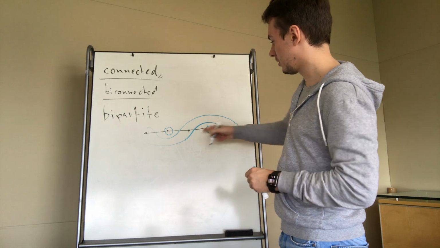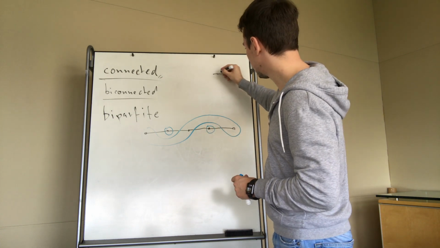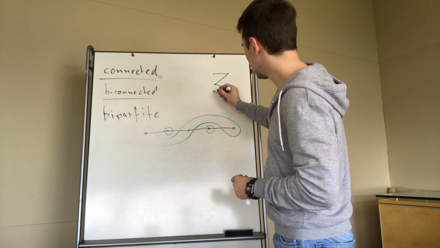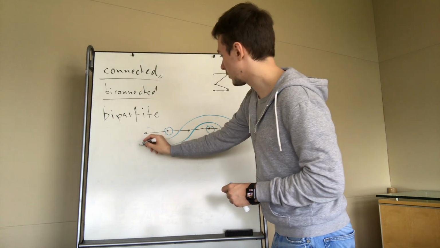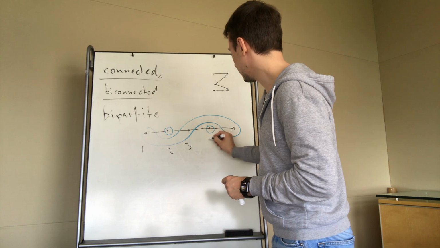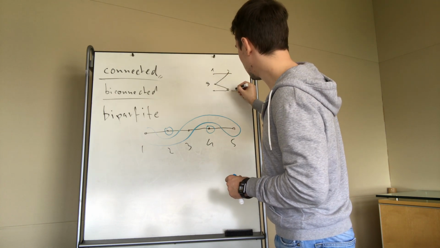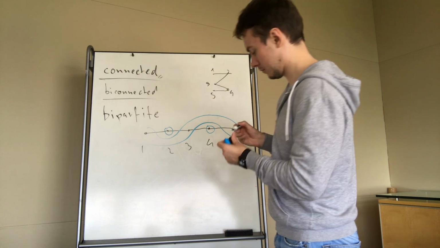I can draw this graph like this. 1, 2, 3, 4, 5. 1, 2, 3, 4, 5.